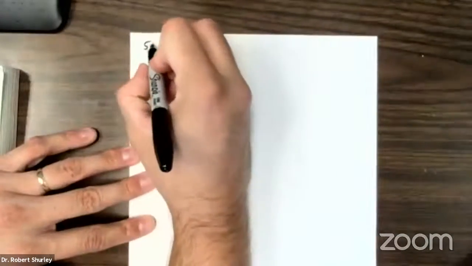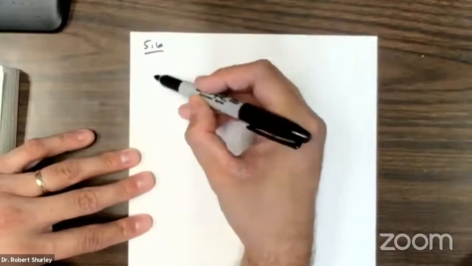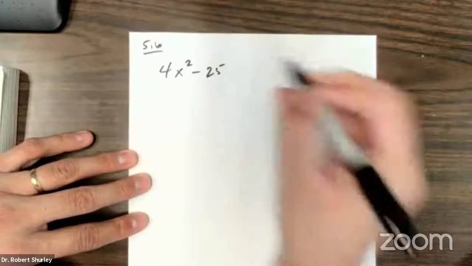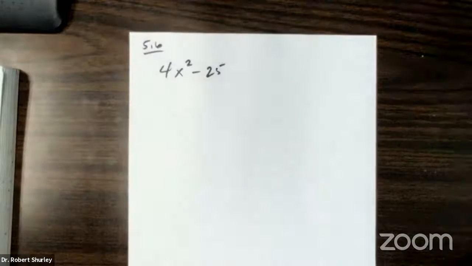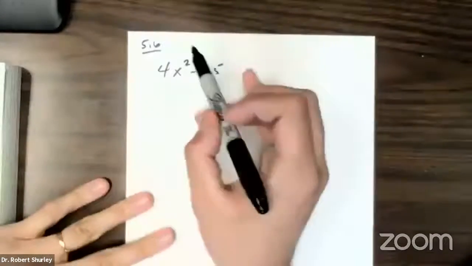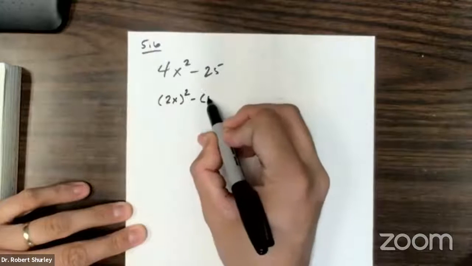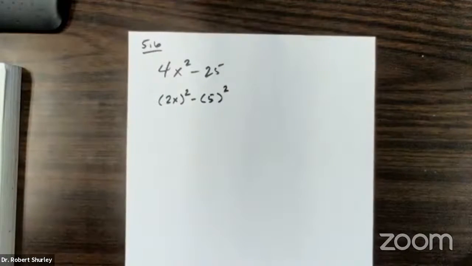5.6 is the difference of squares. If we see one, and this really is just a shortcut method, in 5.6 it's more about, let's say we had, let me make one up, 4x squared minus 25. If I see that and ask you to factor completely, because that's what it's going to say, I need you to think, oh wait, I can write this first term as something squared, and I could write this second term as something squared.